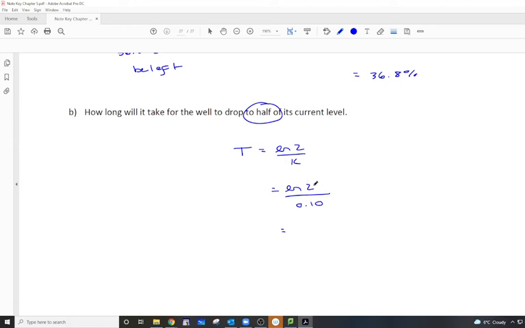So if we had a half in here, you'd want to put negative so that your time comes out as positive, but don't worry about that unless that's stressing you out. So ln 2 divided by 0.1 gives us 6.9 years. So it'll take 6.9 years for your well to drop to half of its current level.